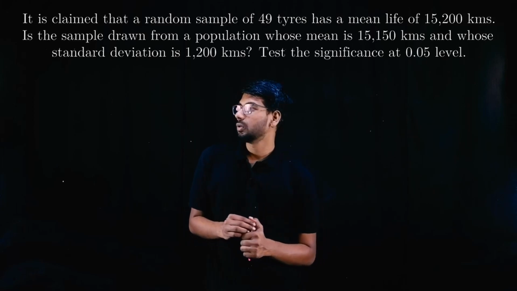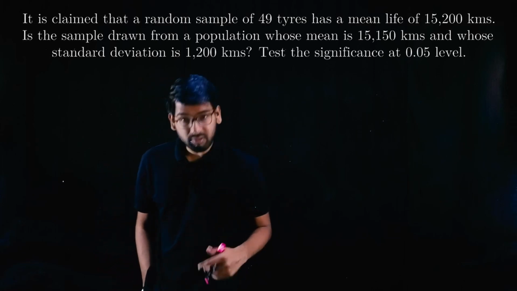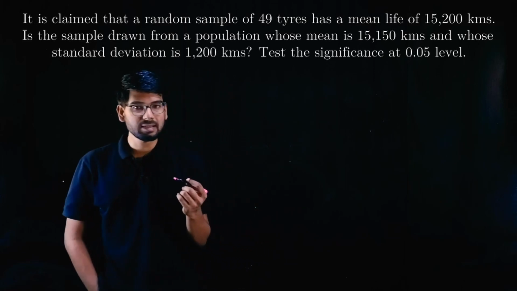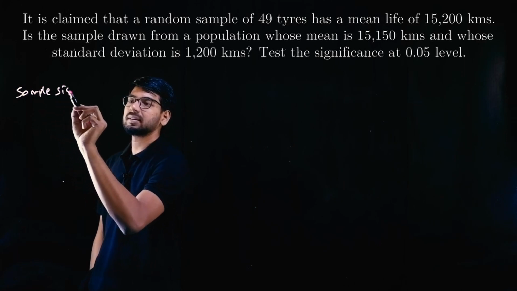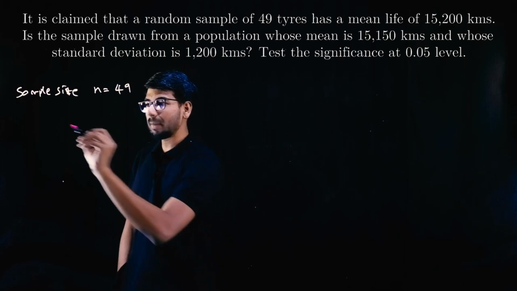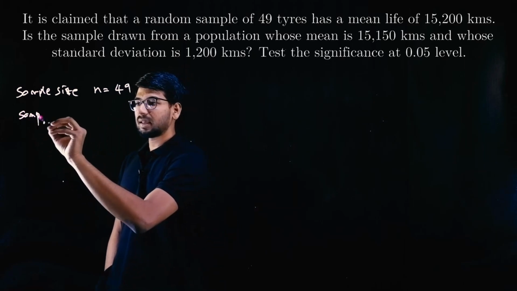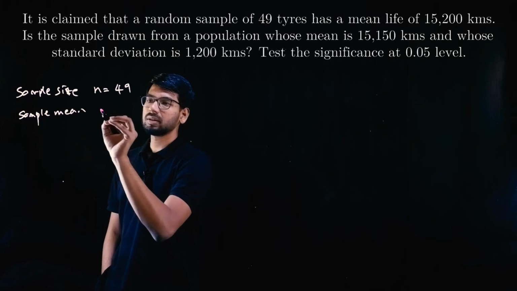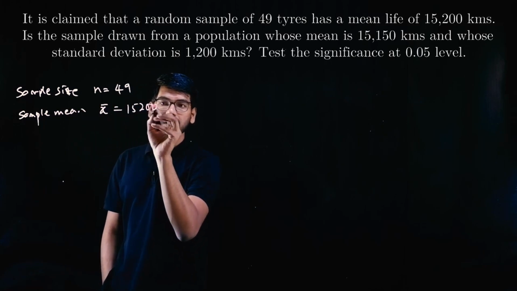Okay, so again we need to form a hypothesis. First, what else is given? Sample size n is equal to 49 tires. The sample mean x bar, the mean lifetime of these tires, is 15,200 kilometers.